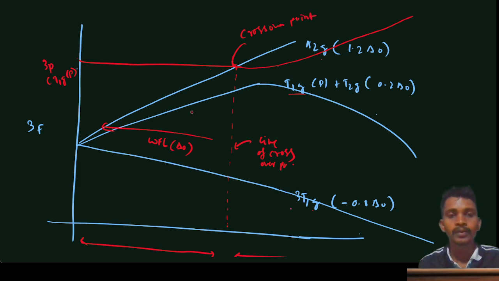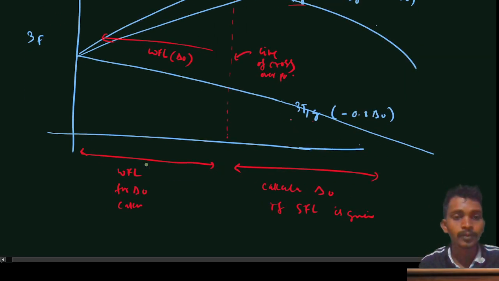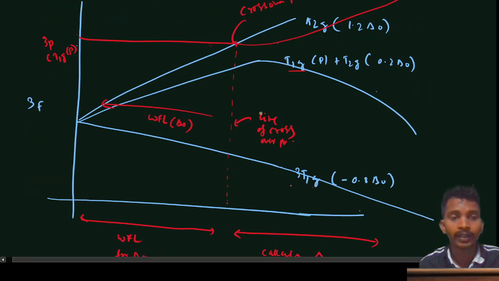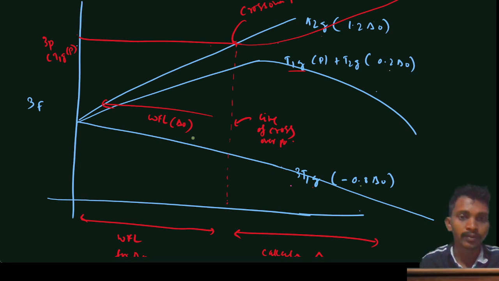Now what you see is that whenever you calculate delta naught, we always get 1. Okay, so if a weak field ligand is there, the delta naught will be, let's say, 0.8 and this is 0.2, so from here to here.